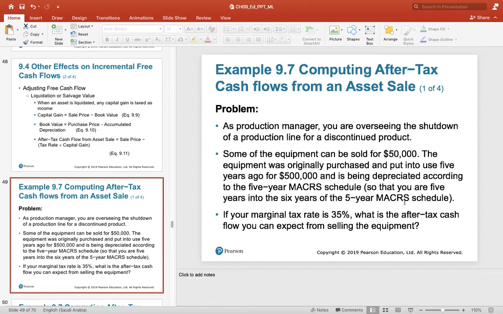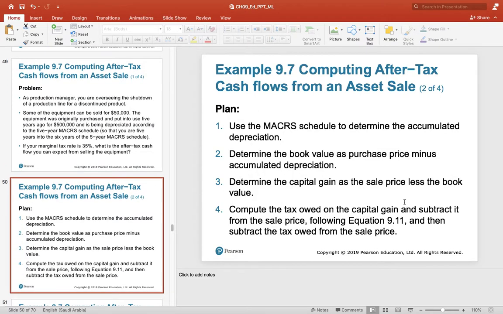Depreciation is used on MACRS basis. MACRS 5-year schedule you are using. If your marginal tax rate is 35%, what is the after tax cash flow you can expect from selling the equipment? Your plan is to use the MACRS schedule to determine the accumulated depreciation. Number 1, because this asset was purchased 5 years before for 500,000, we will use the MACRS.